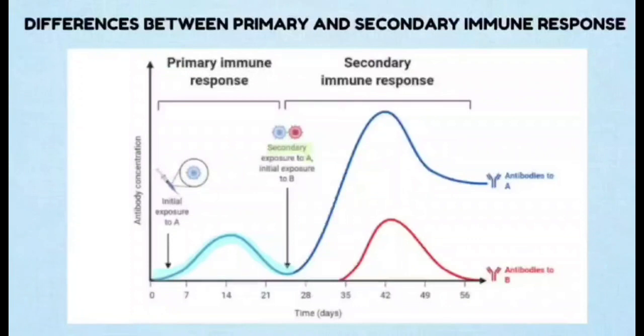After secondary exposure to the same antigen, which is antigen A, antibody concentration will increase faster and reach a higher level, peak about 2 to 7 days, then decrease slightly, but still be able to maintain for a long period. If there is exposure to another antigen, antigen B, primary immune response will occur to produce antibodies B.